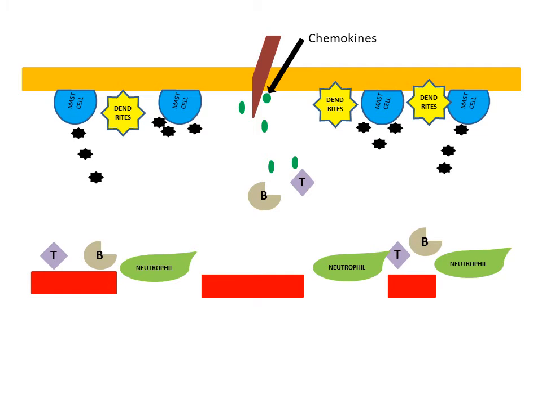Not only that, the histamines, as I told you, cause vasodilatation. Due to that, there is release of neutrophils, T cells, and B cells. Altogether, neutrophils, T cells, B cells, and dendrites, do you remember dendrites? That is at the tissue or cellular level.